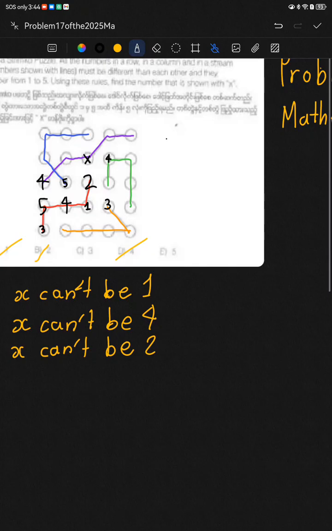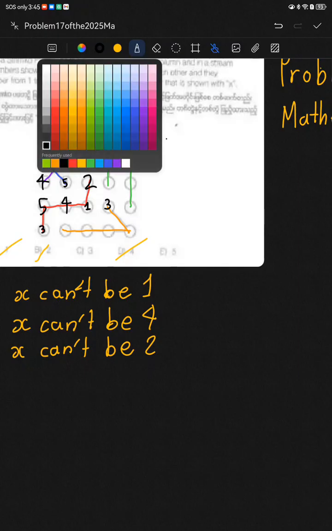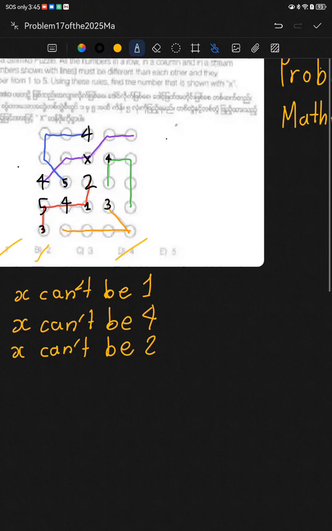And now, to put the final nail in the coffin, we know that this cannot. We can also place 4 here, because 4 cannot be in these spots of the blue string because of these 4s.